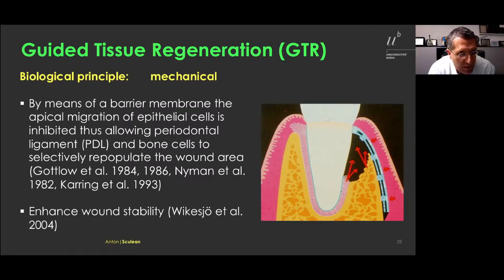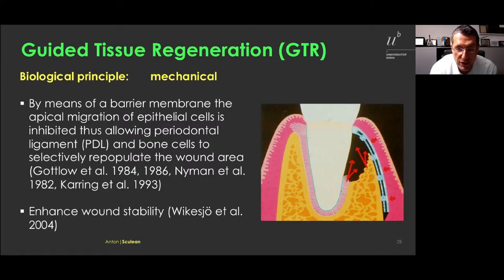Let me elaborate a little bit on the biologic background of guided tissue regeneration, because I think this was a very smart idea. It is not a new idea, but it was the first biologically driven treatment approach in periodontology. So by means of a barrier membrane, we have an exclusion of the epithelial cells and of the connective tissue cells that are at the inner part of the flap, okay?